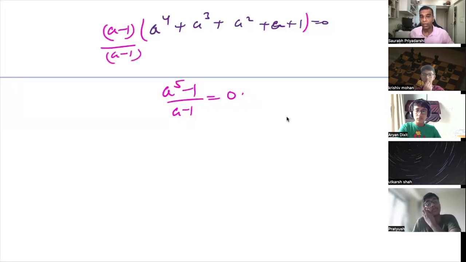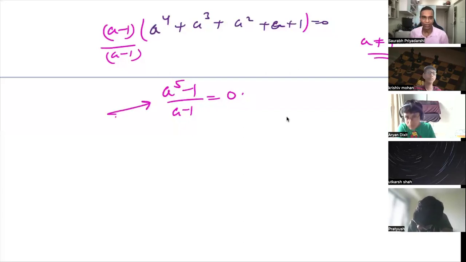When we multiply and divide by a minus 1, we are assuming that a is not equal to 1. So I'm getting this form: a to the power 5 is equal to 1.